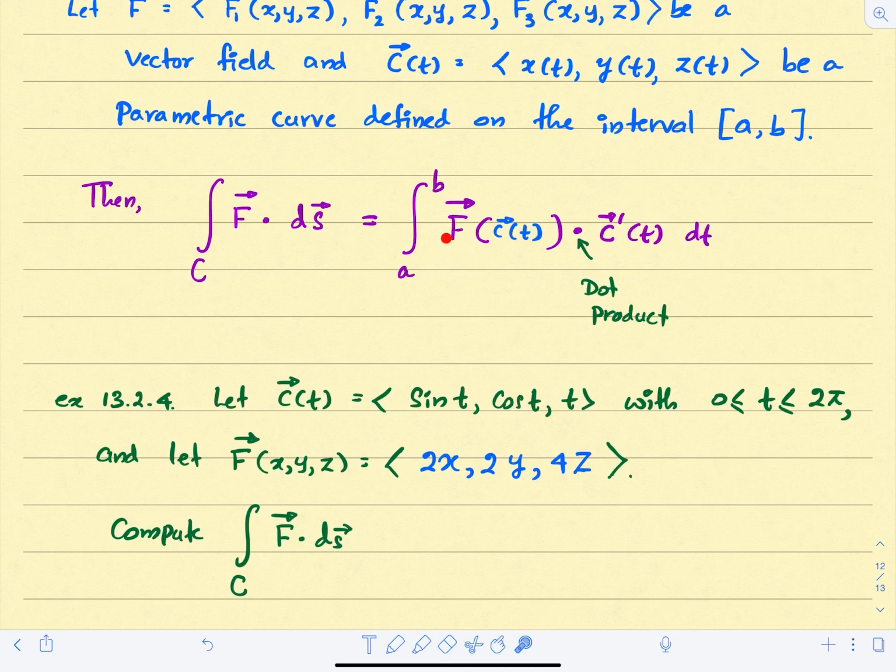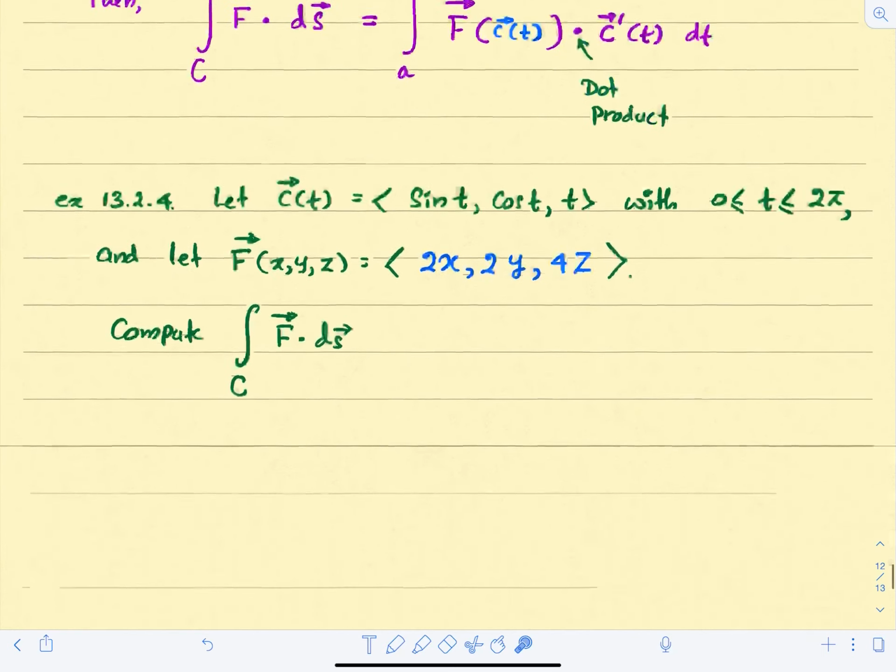Now in this integrand, your vector field f should be evaluated on this curve c of t, and then calculate c prime of t. Finally you should take this dot product, and after that you should do this integral.